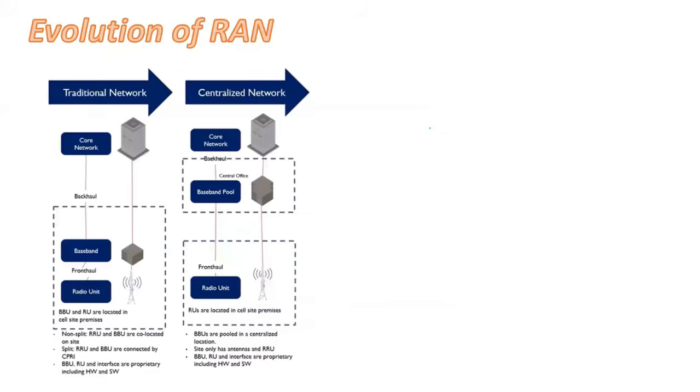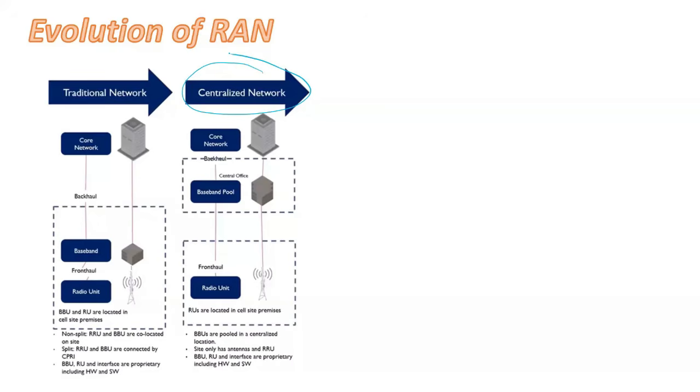Then we have what we call the centralized RAN, or centralized network. It emerged in response to the need for a more flexible and cost-effective solution. It uses centralized processing to support multiple remote radio heads, which are connected by high-speed fiber optic links.